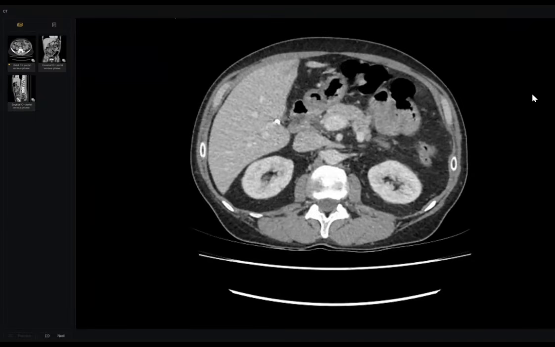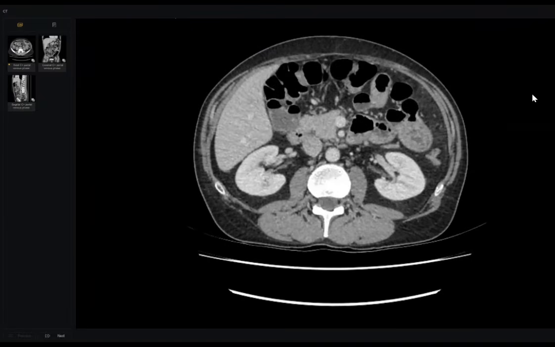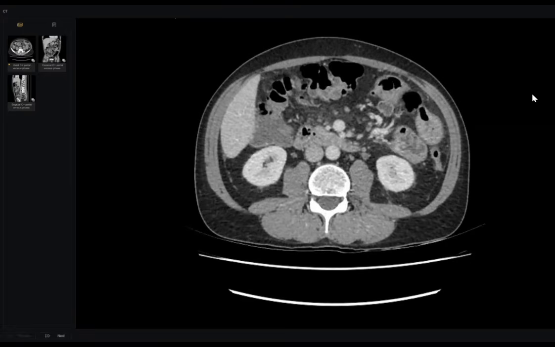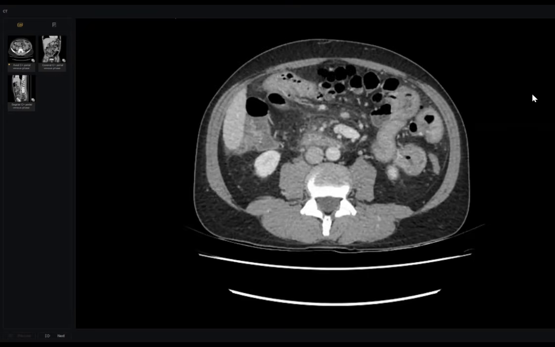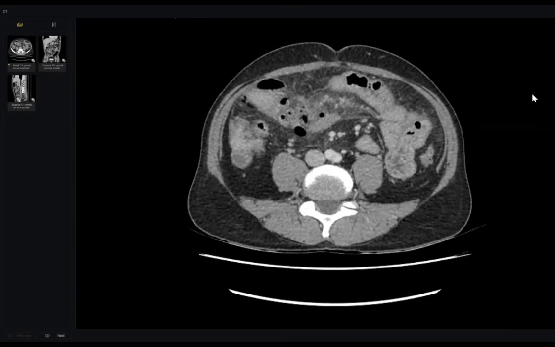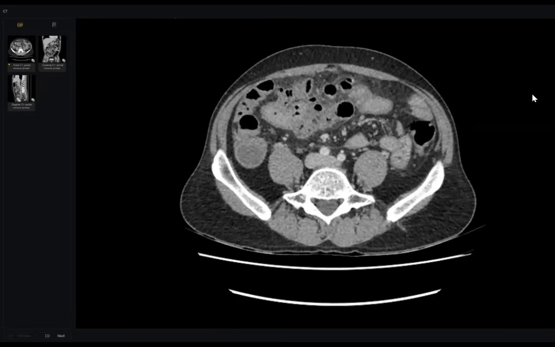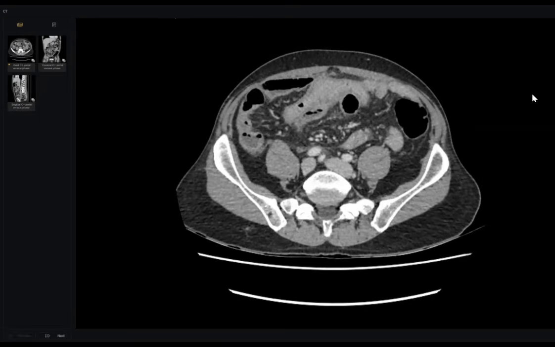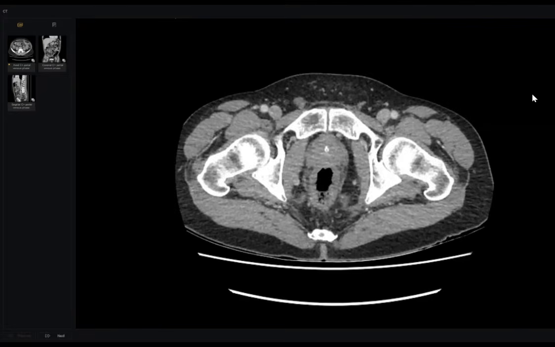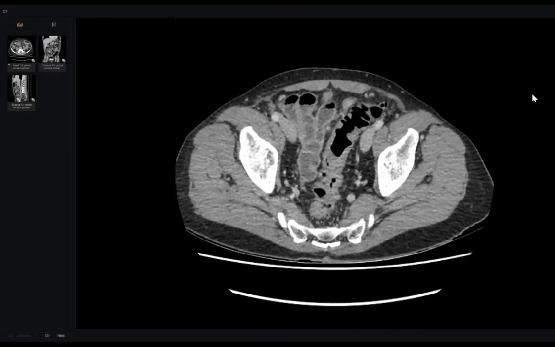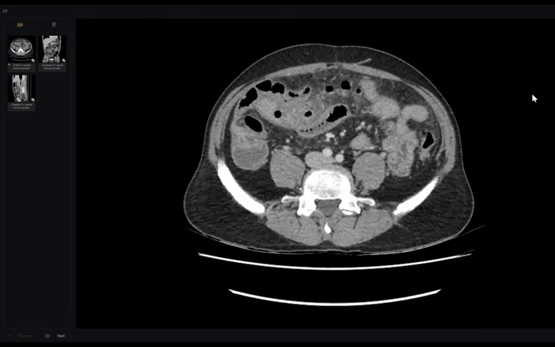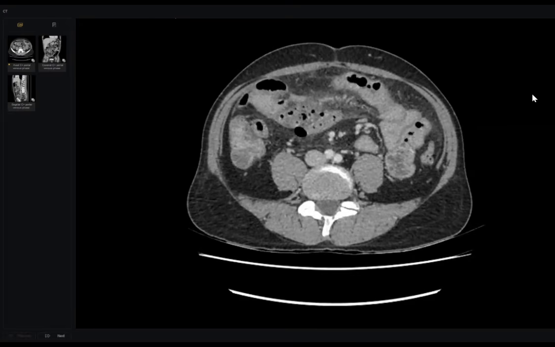First, I would like to see the whole images, then I will comment. Stop me at any slice.